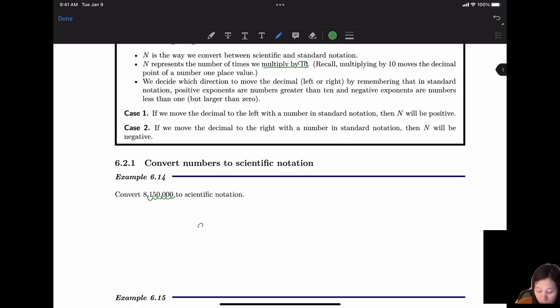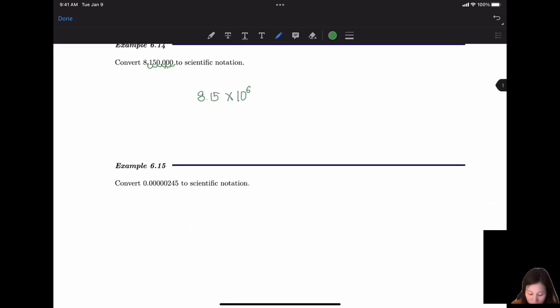So that means we have 8.15 times 10 to the how many power? It's determined by how many places we move the decimal. Let's count again: 1, 2, 3, 4, 5, 6. Since it's moving to the left, this is going to be a positive number. This is equivalent to 8.15 times 10 to the 6th power.